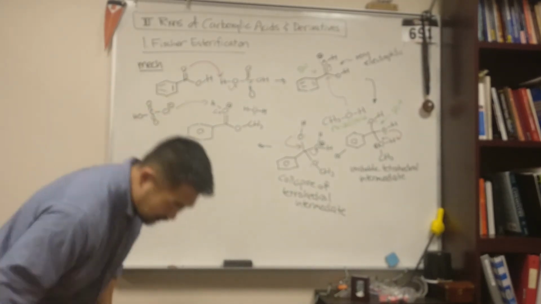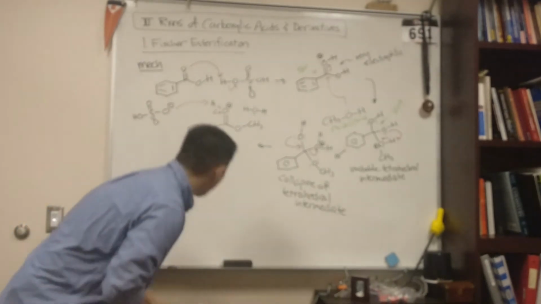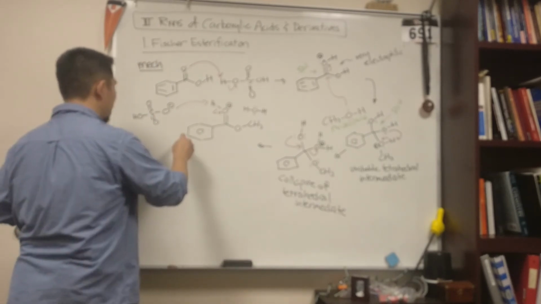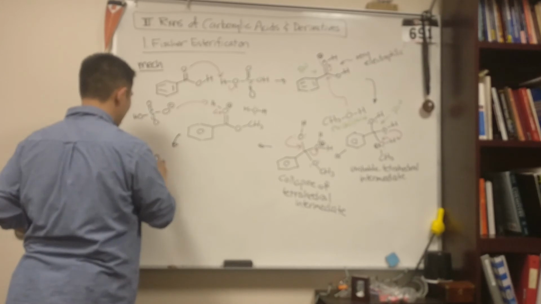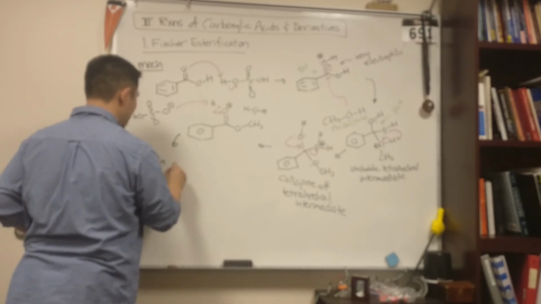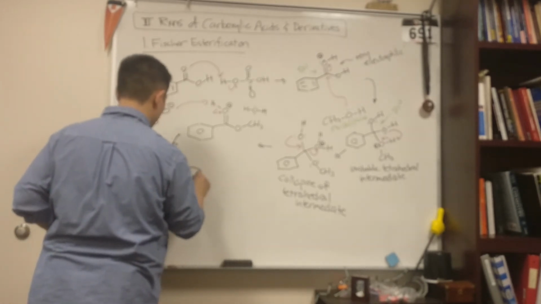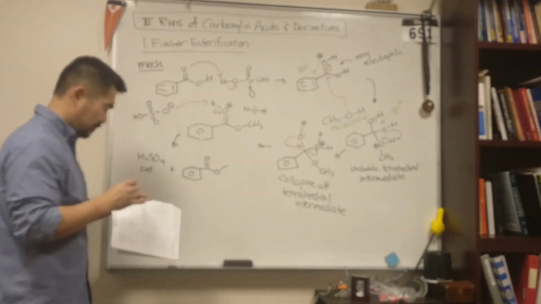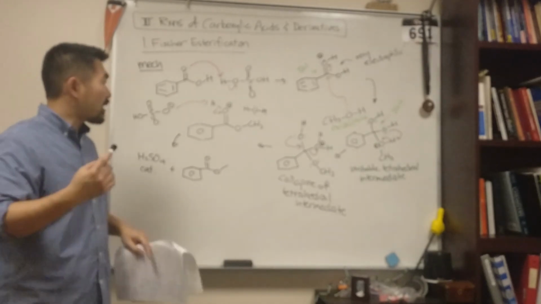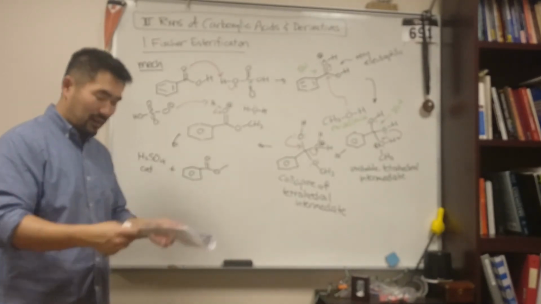And what do we have now? Well, here, once you do that, you reform the catalyst, but also the product, which is methyl benzoate. Okay. So that's the mechanism of Fischer esterification.